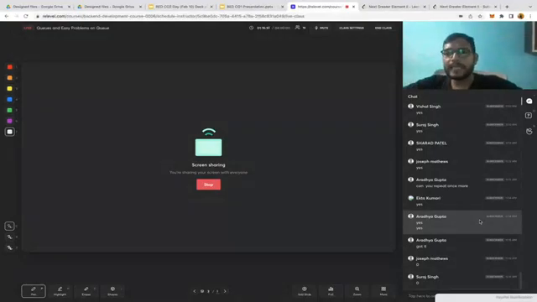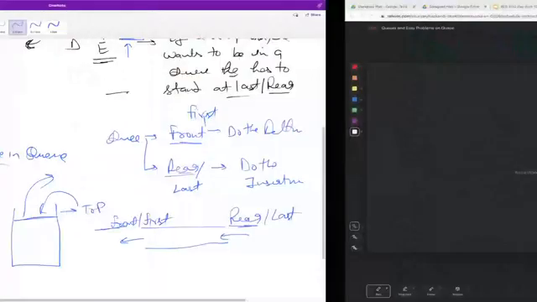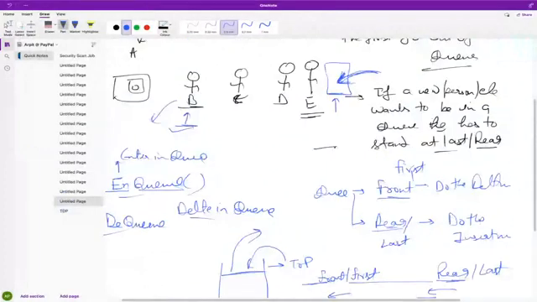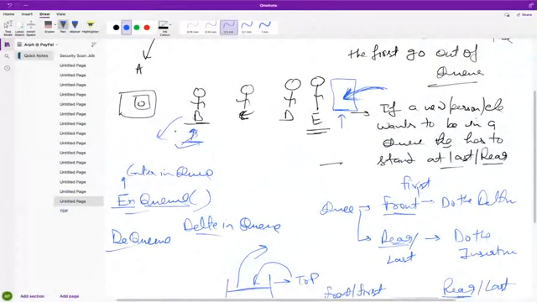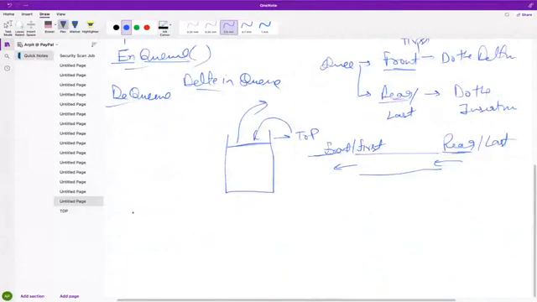Now if we are saying that front is a 0, it means front will be pointing to the element which is going to be deleted, and rear will be pointing to the position where the next element has to be inserted.